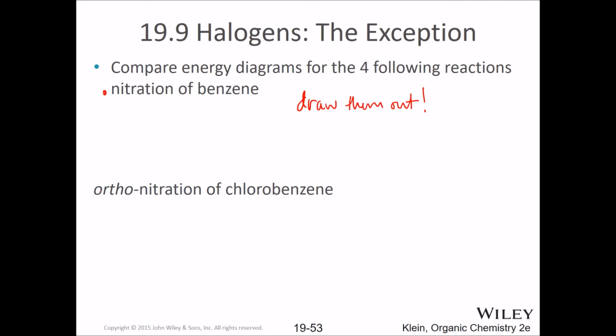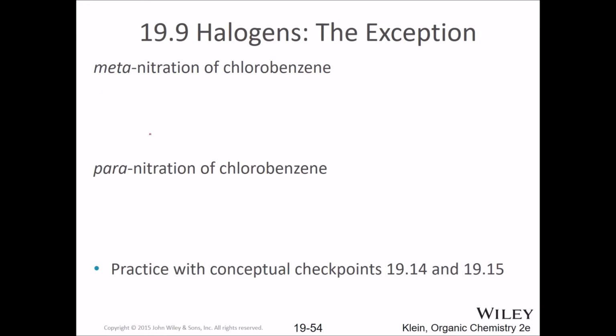That one is given to you. Ortho nitration of chlorobenzene, which is not given to you. And meta nitration of chlorobenzene. Draw all 4 out, and you should superimpose them in one graph.